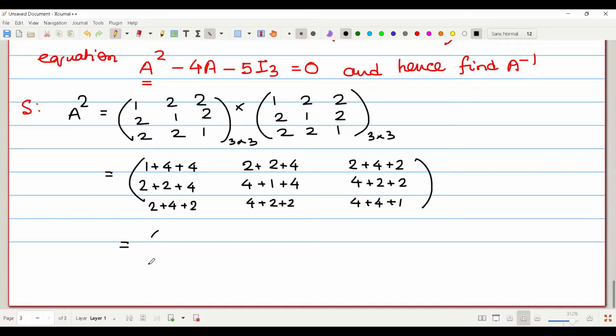So that means the result is A square equals [9, 8, 8; 8, 9, 8; 8, 8, 9]. Next, we should find out the 4A.